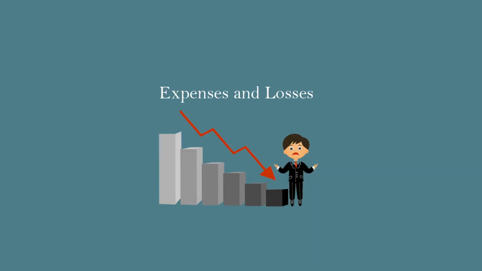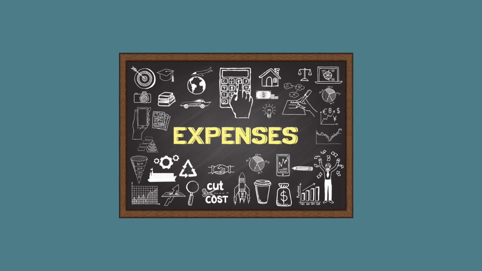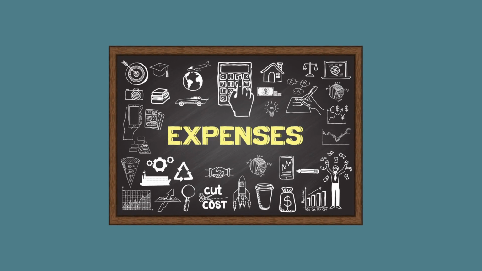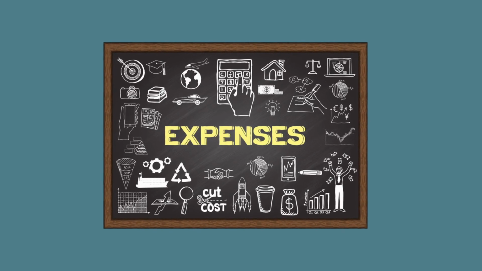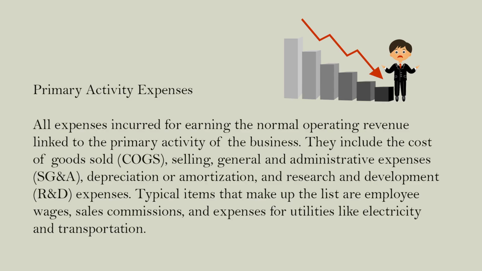Expenses and losses. The cost for a business to continue operation and turn a profit is known as an expense. Some of these expenses may be written off on a tax return if they meet the IRS guidelines. We can divide expenses into three subspecies. The first, primary activity expenses.